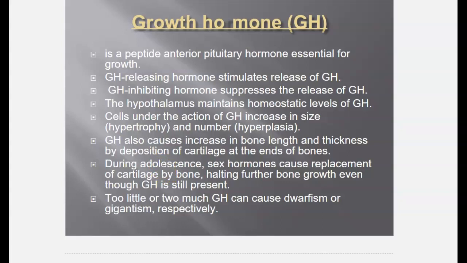It helps you grow. But when your sex hormones kind of quit after puberty, it closes the growth plate, and you don't really make enough growth hormone to open that back up. So what happens if you get too little or too much? You have pituitary dwarfism or pituitary gigantism.